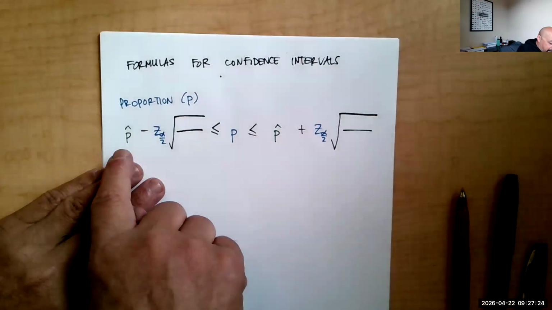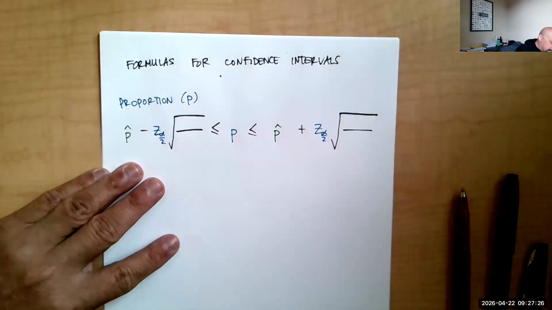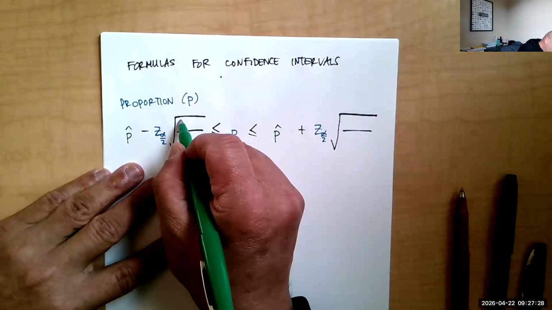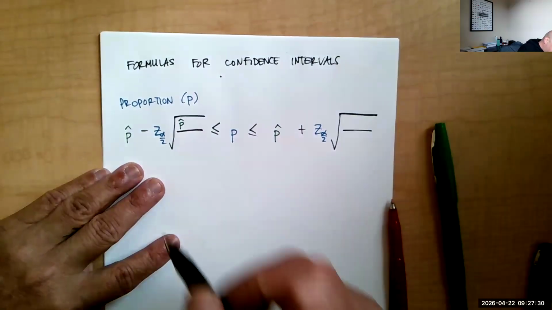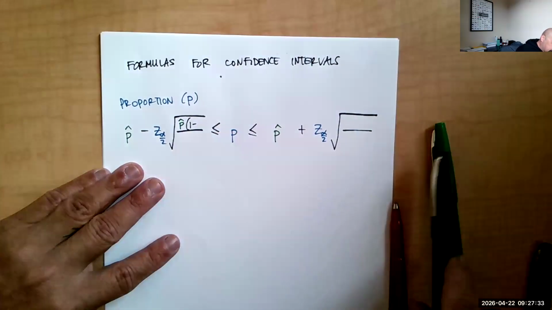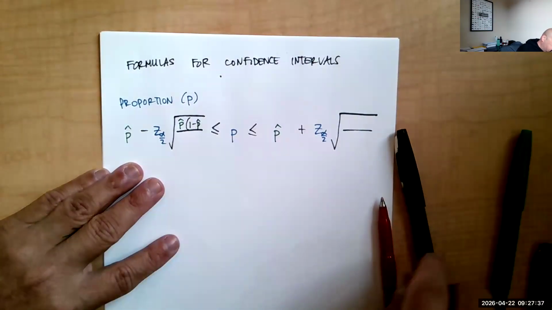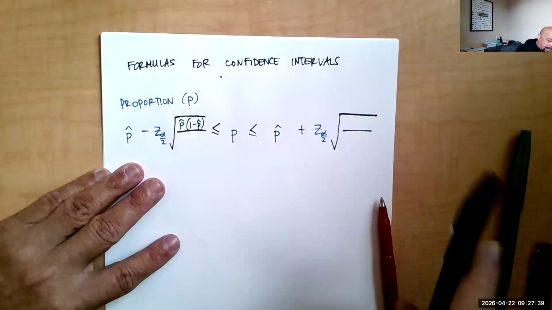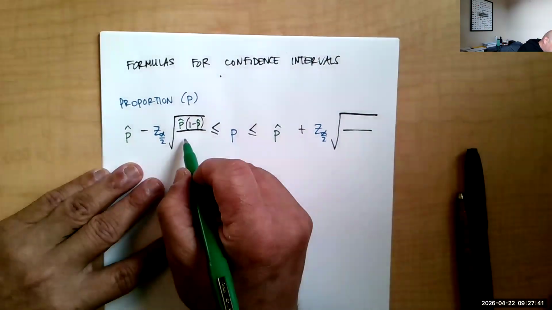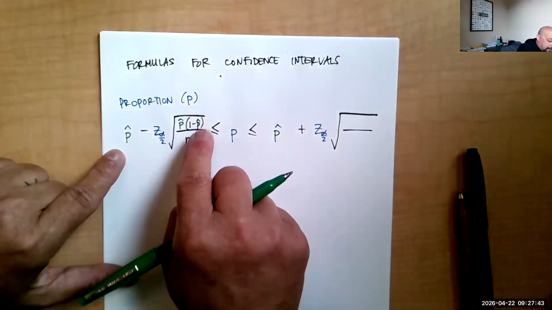Okay, but now that we only have sample data, we're going to take our sample proportion, P hat, and multiply it by 1 minus that P hat, right? Those complements. And we divide that by our sample size N. So in green there, that's all that sample data.